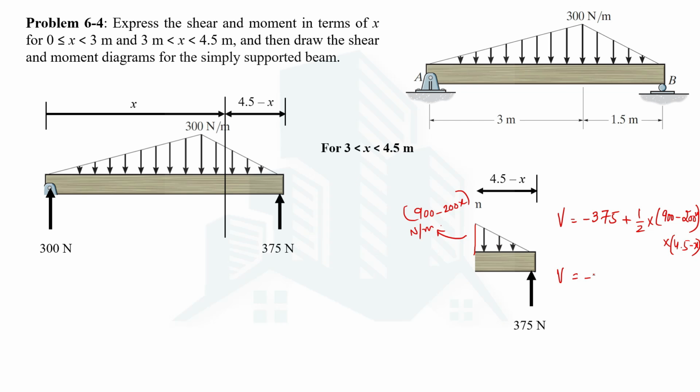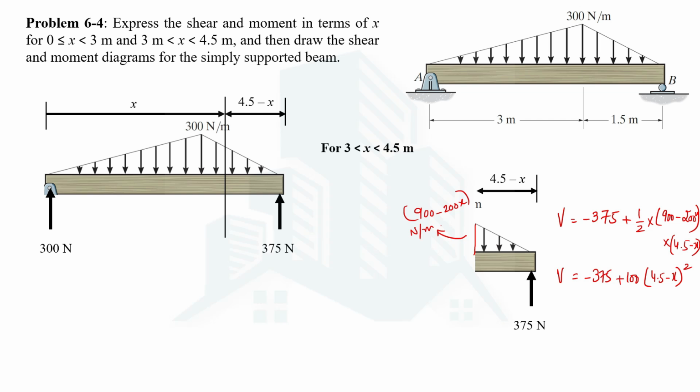That equation is minus 375 plus 100 (4.5 minus x) whole square. This was done by taking the 200 common from this equation, or you just keep this equation the same as I told you before, as 200 in bracket 4.5 minus x. So that will be this form of the equation.